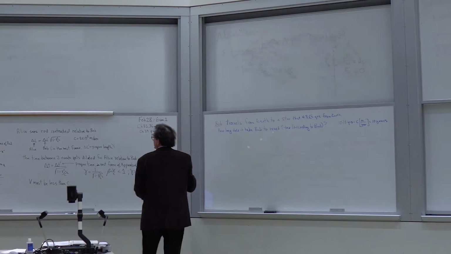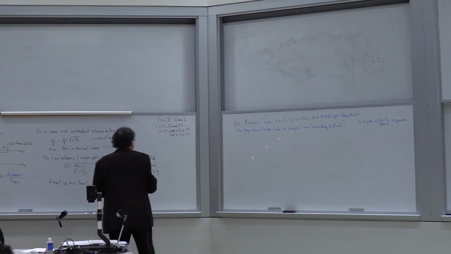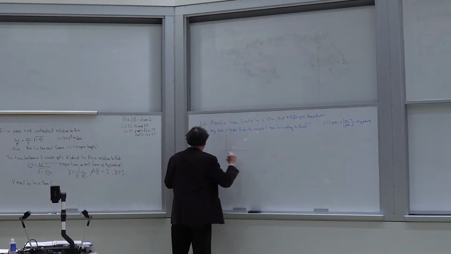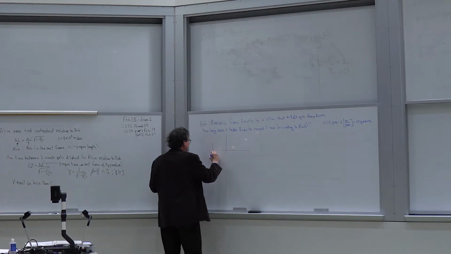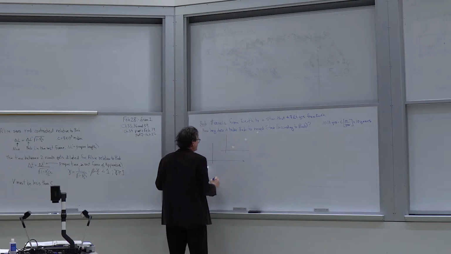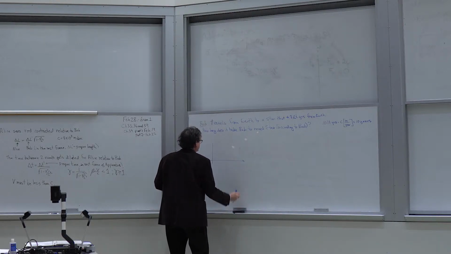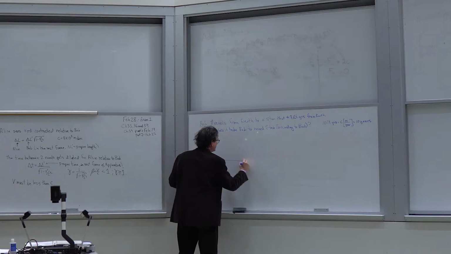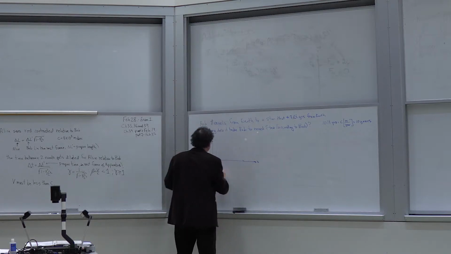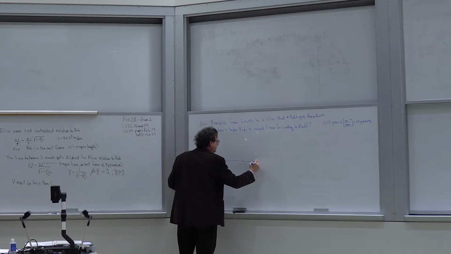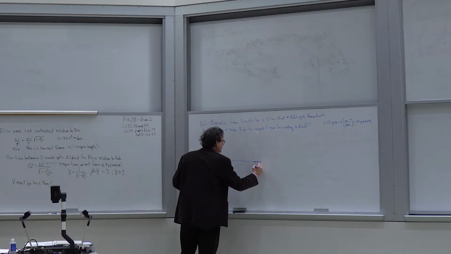Okay. So one way we can do this is to say that, now, I probably need to draw this out in a little bit more detail. Let's do it this way. So here's Earth. And here is star X, right? The star.